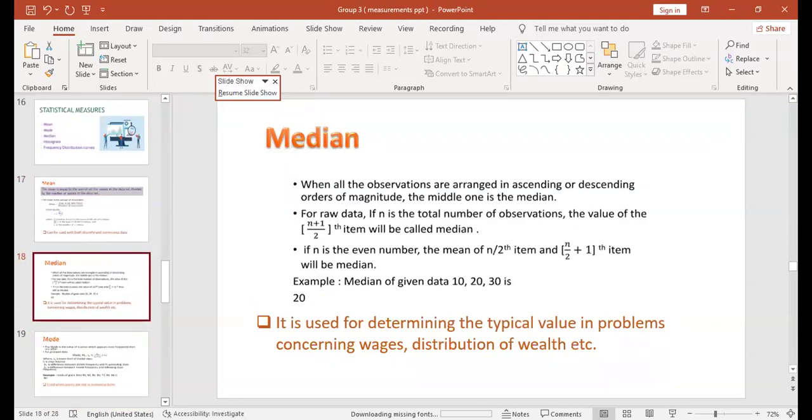Median. When all the observations are arranged in ascending or descending order of magnitude, the middle value is the median.